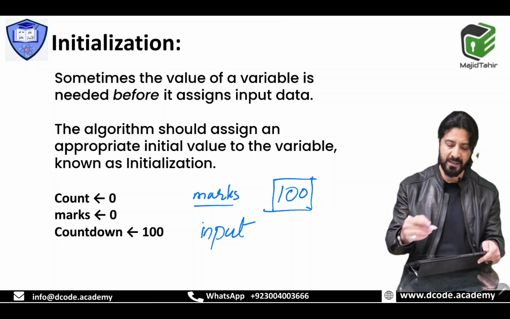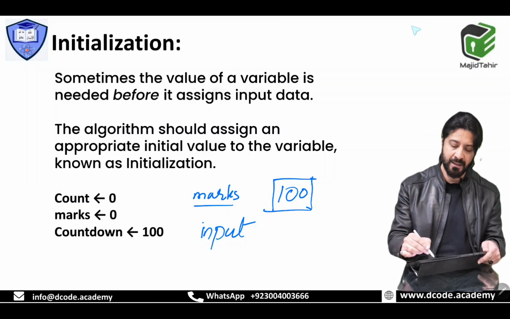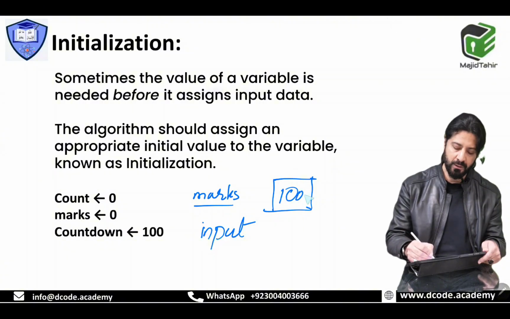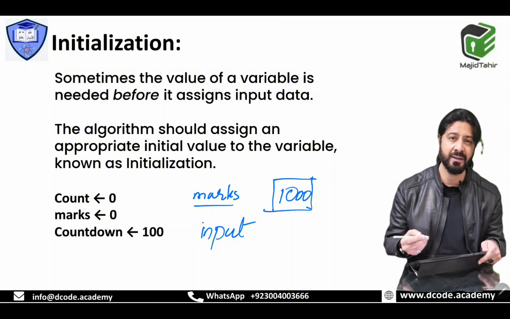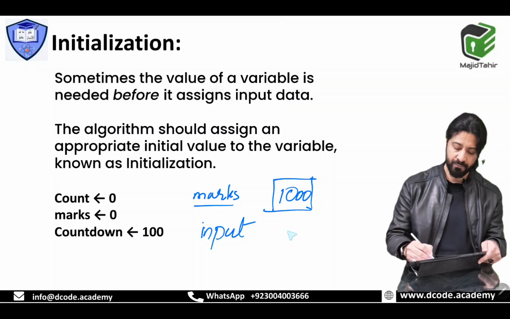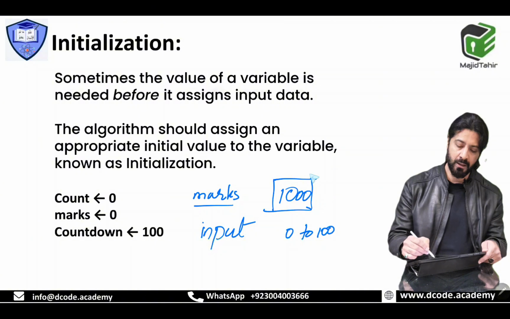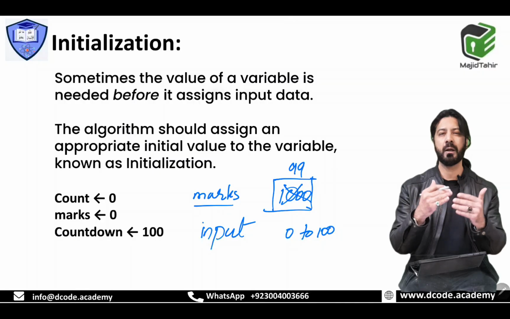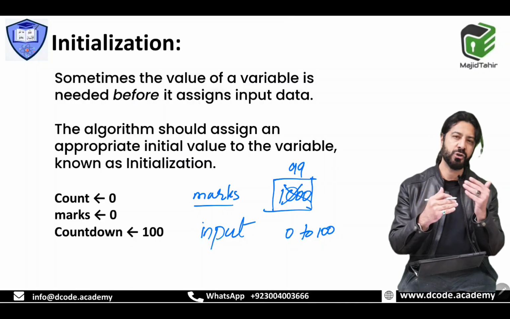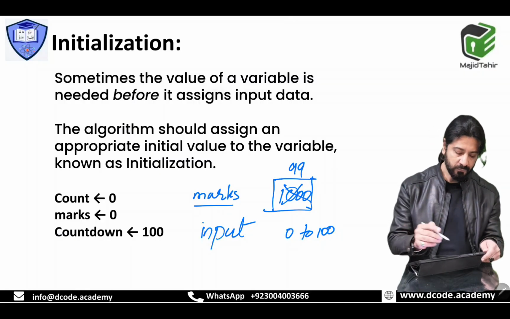If a user has mistakenly input a value of, let's suppose, 1000, and there is a check that the user cannot input less than 0 or more than 100, then the program will ask the user to enter another value and the user can input 99 or 100 in it. So you see, the value of a variable will keep on changing while the program is running.